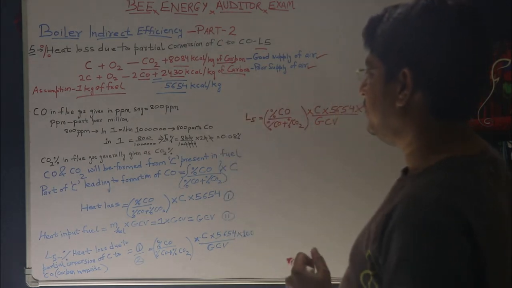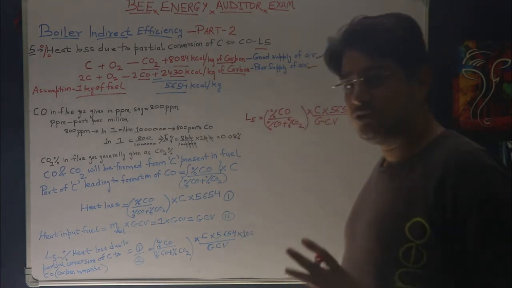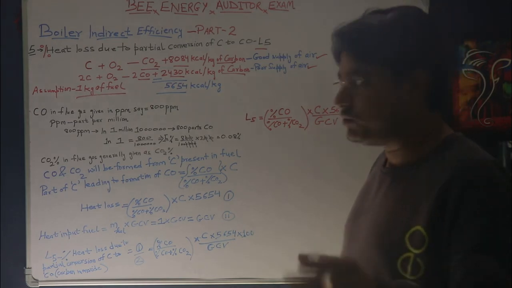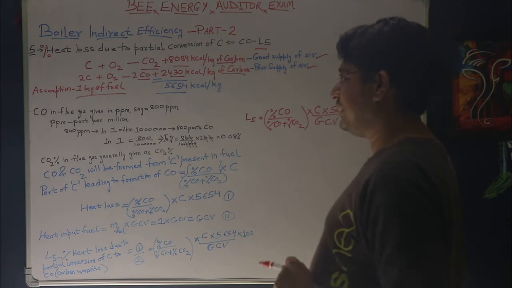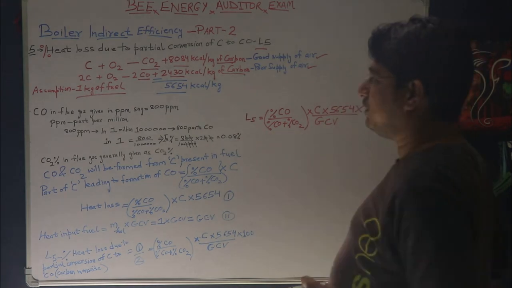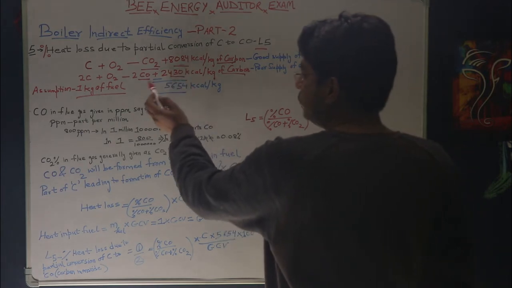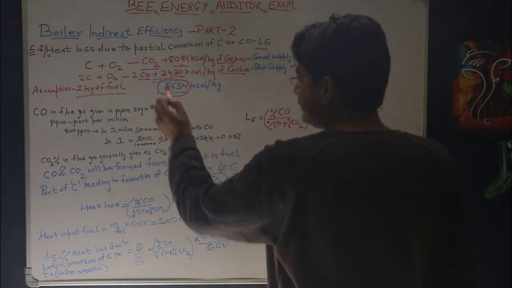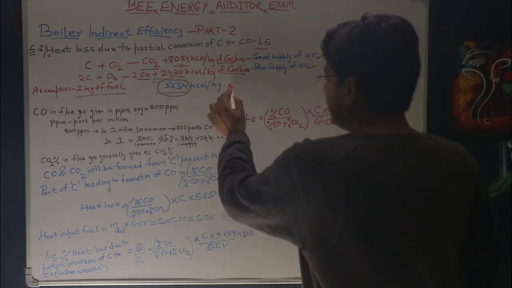So from here you can easily see that if the supply of air is not proper or the supply of oxygen is not good, then there is a reduction in the generation of heat energy, which can easily be calculated from these two equations as 8084 minus 2430, it will come as 5654 kilocalorie of heat energy per kg of carbon.